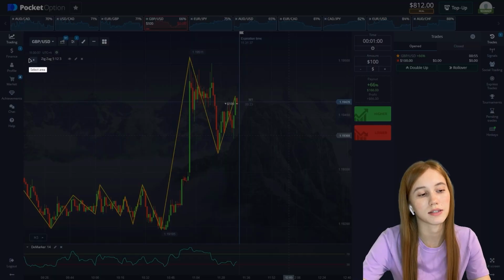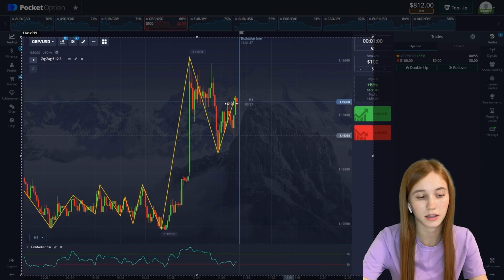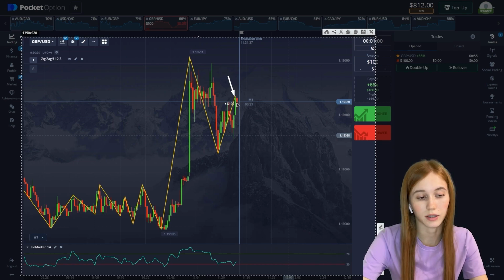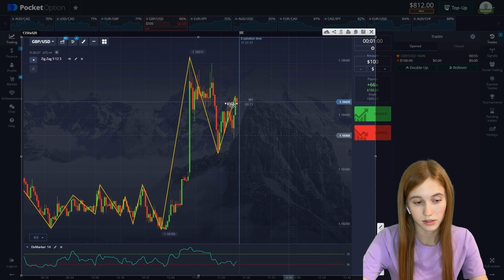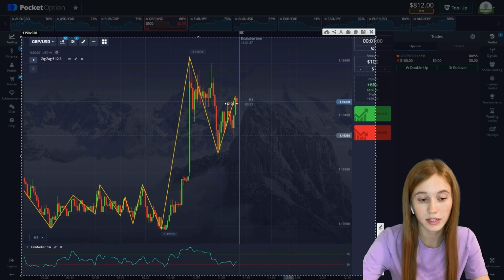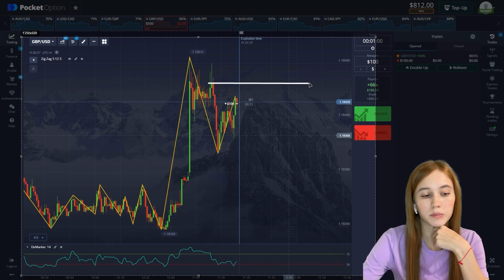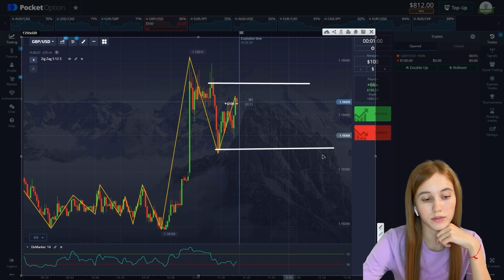The first thing is that we touched the zigzag line, after which there is usually an adjustment in the opposite direction. That is done. And then secondly, if we highlight the resistance level and the support level, then we will not move to the resistance level.